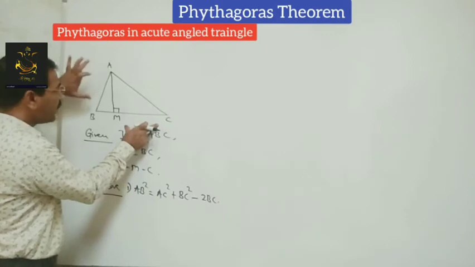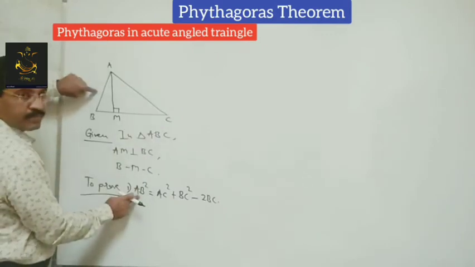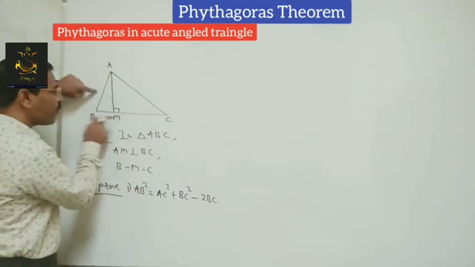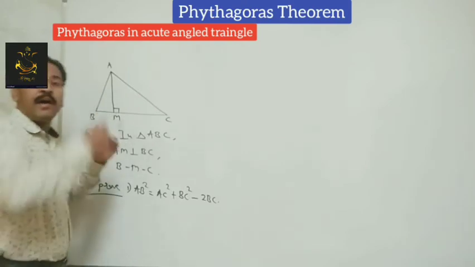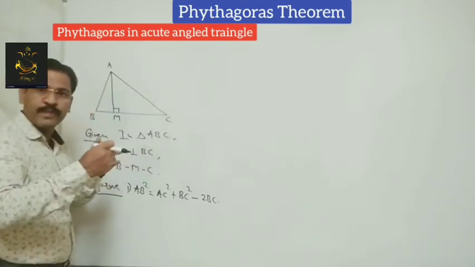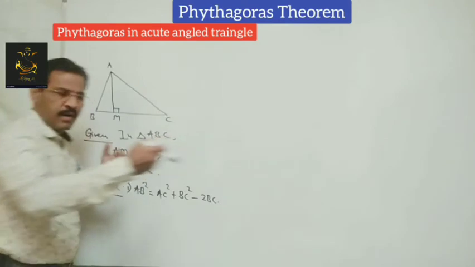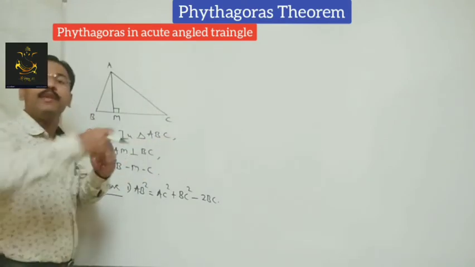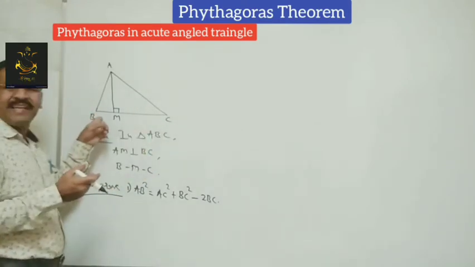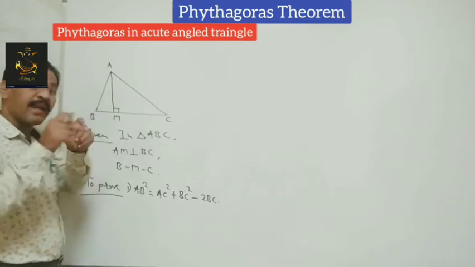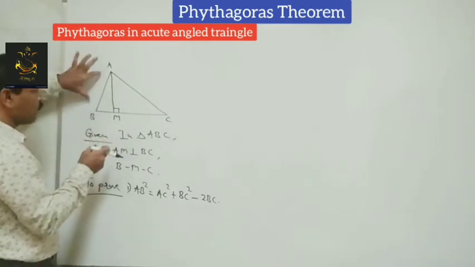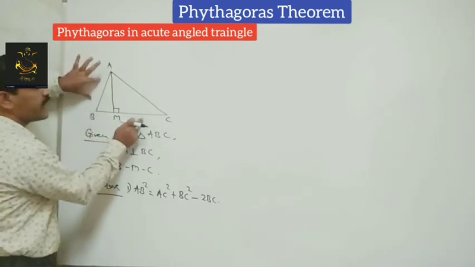Now here we write AB. Out of these two parts, which is the remote part? Remote means the one that is farther, and the other is nearer. We have to take the farther one. Since AB is there, we have to take MC.